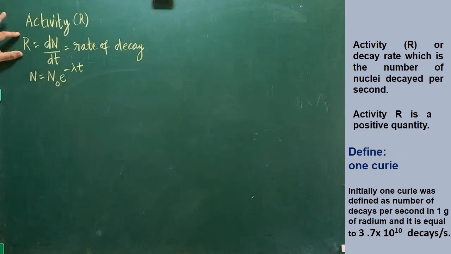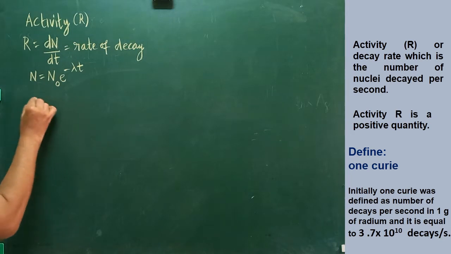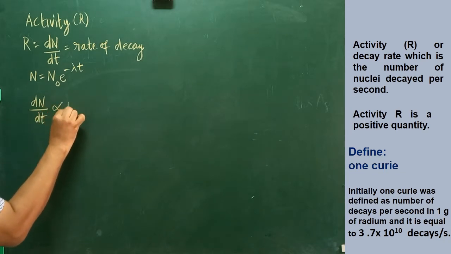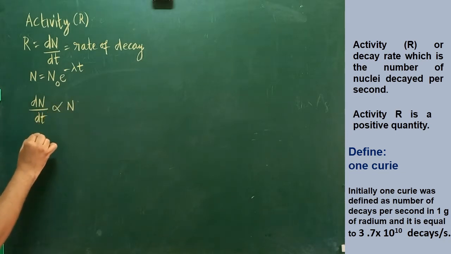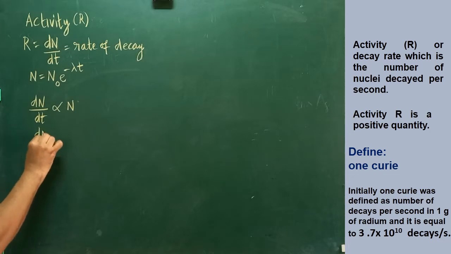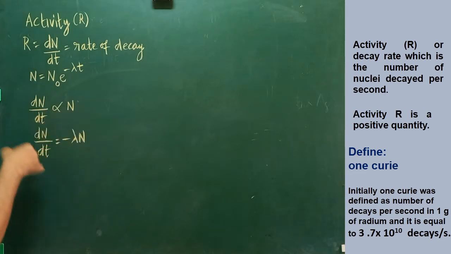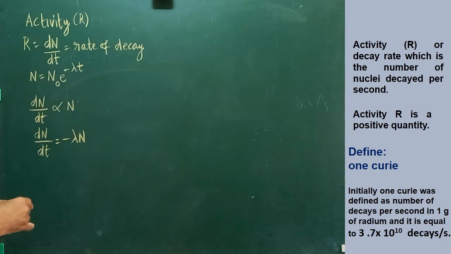Are you clear? Now we know very well that dN by dt is directly proportional to N, and dN by dt is equal to minus lambda N. These are the derivations which were already used while deriving this expression.